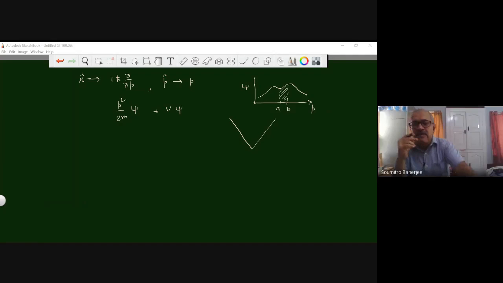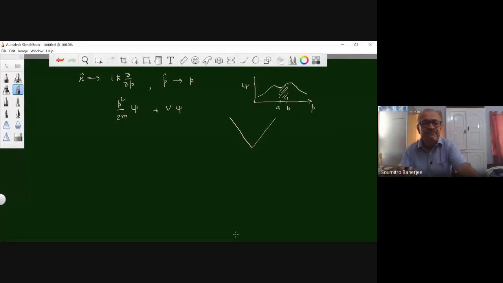Yeah. V is a constant is a very special situation where it's a free particle. But if V is not a constant, something like this or something like that, then you will have to substitute the functional form, right? V is a function of x. And then when you write that as an operator, these are operators. When you write that as an operator, you will have to substitute this, right?